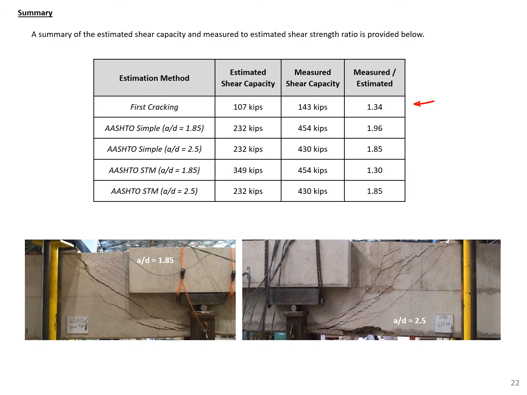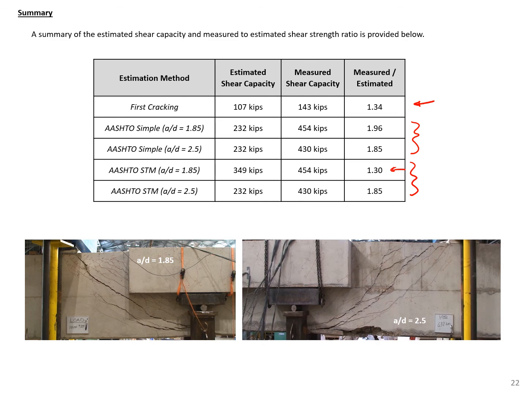In terms of the simplified procedures, you can see that in this case they were both conservative. That won't always be the case for deep beam regions, but in this case it was. And you can see that the Strut-and-Tie method was conservative in both cases, and it was closer in the case where our node capacity controlled design.